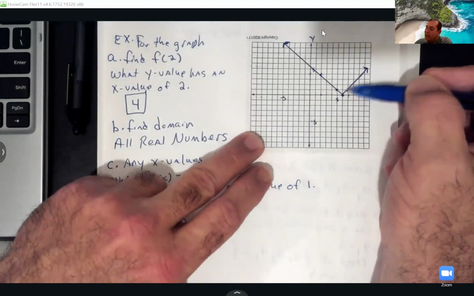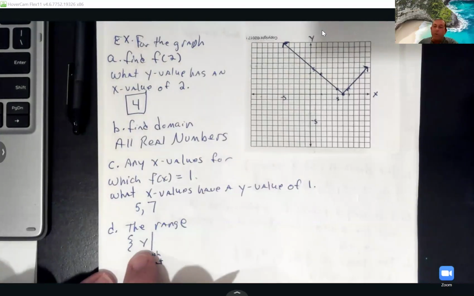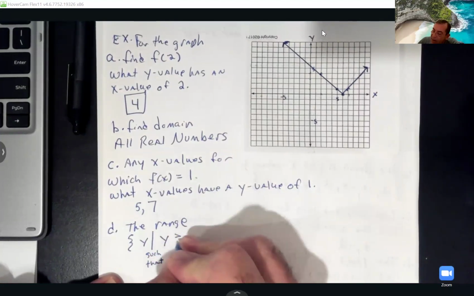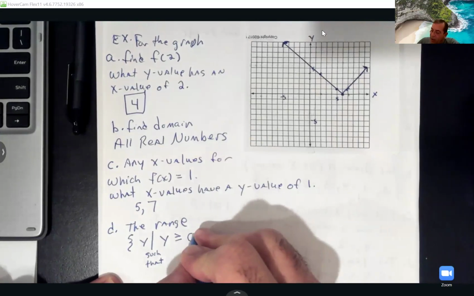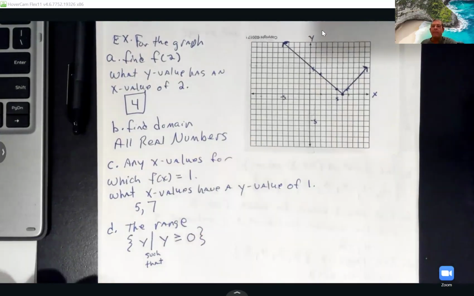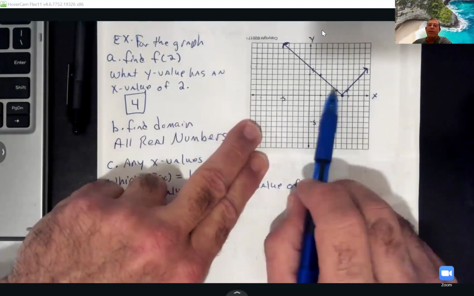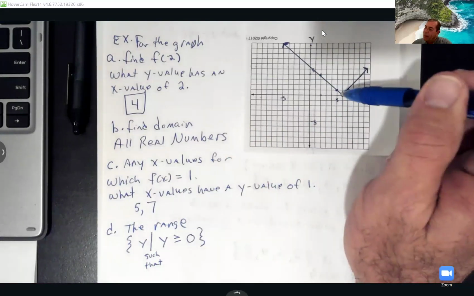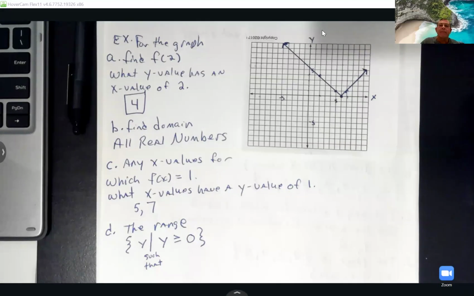And then it looks like it's going up towards what we call positive infinity. So for this one, you would put y such that y is greater than or equal to 0. Okay, so notice the difference. On the domain, it went both directions, positive and negative. But for my range, this graph only goes upward and it does not come down, okay?